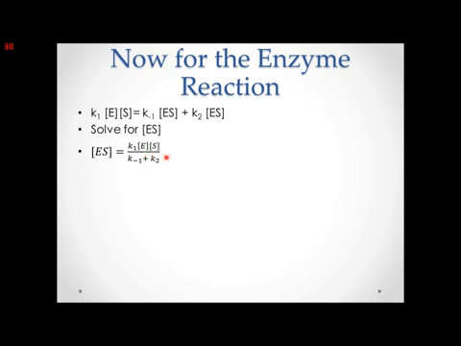So what Michaelis and Menten did is they came up with a constant that could replace these three. So it's the Michaelis Menten constant, and it's defined as Km equals k-1 plus k2 over k1. Now if you look at this equation, it's inversed. So when we substitute Km in for this, it's going to be on the bottom, and it's going to look like this. Concentration of ES equals concentration of E times concentration of S over Km.